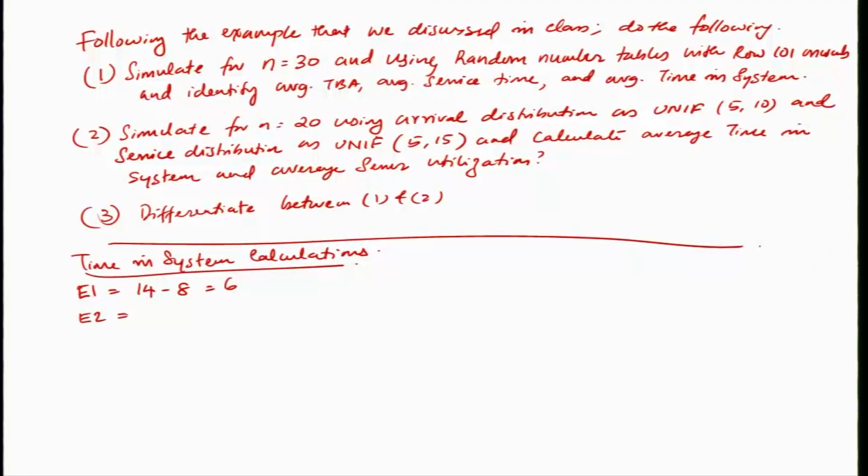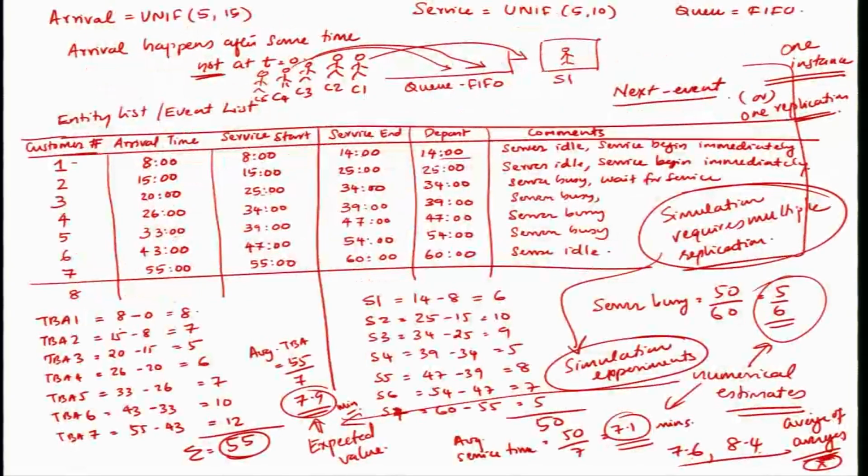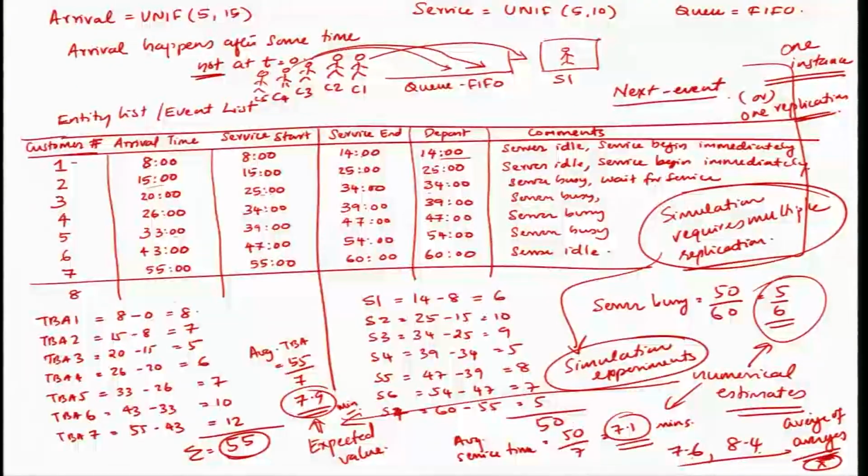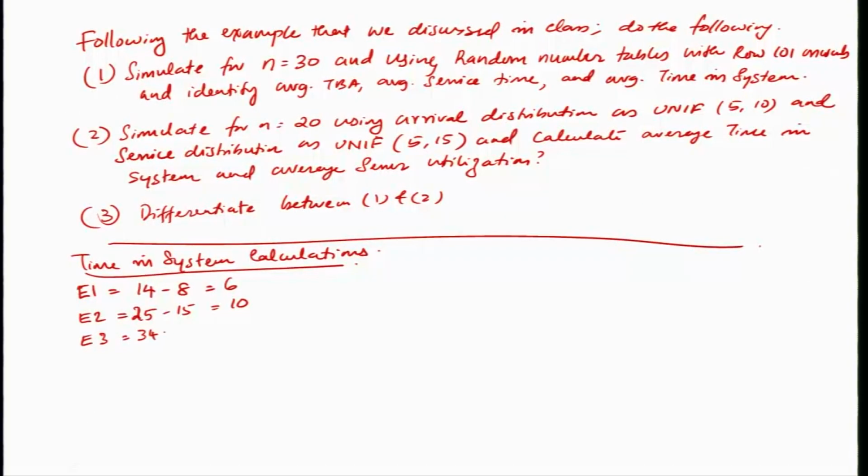Entity 2 arrived at 15 and left at 25, so that is 10. Entity 3 left at 34 and arrived at 20, so 34 minus 20 is 14.